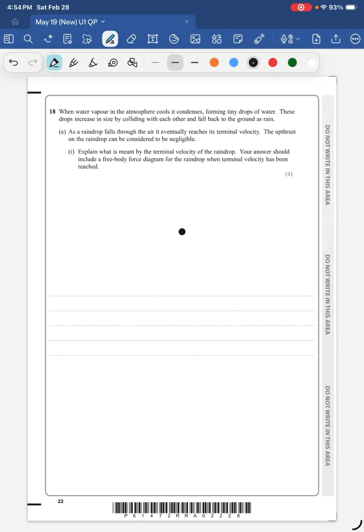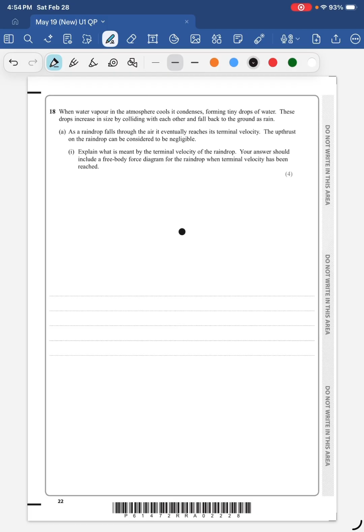As a raindrop falls through the air, it eventually reaches its terminal velocity. The upthrust on the raindrop can be considered to be negligible. Explain what is meant by the terminal velocity of the raindrop. Your answer should include a free body diagram for the raindrop when terminal velocity has been reached.